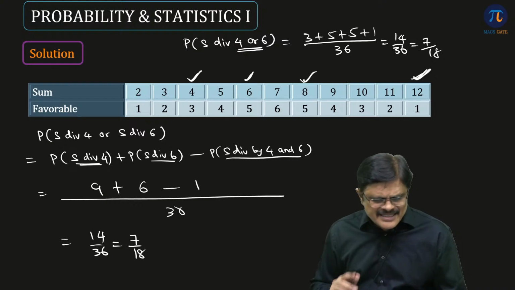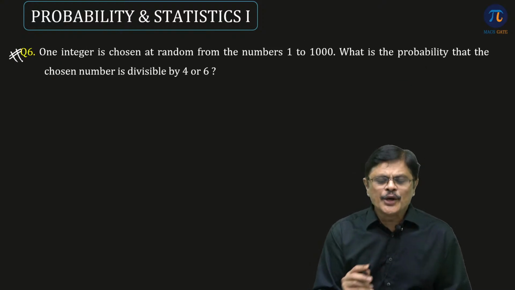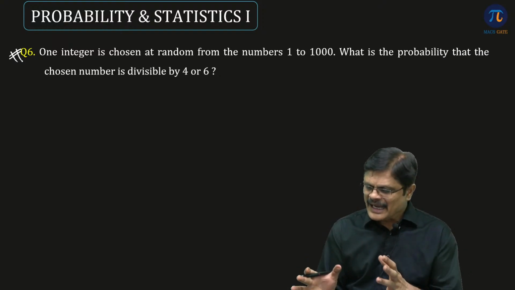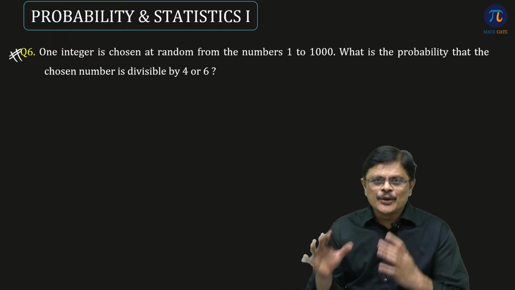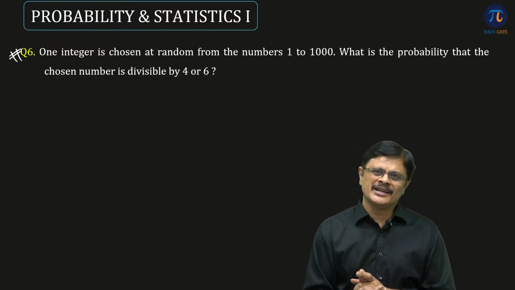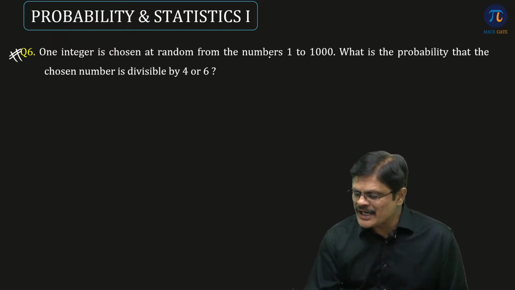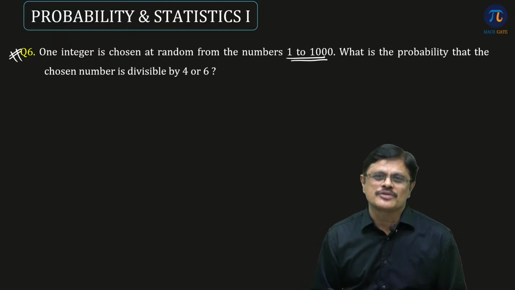But if I ask a similar type of question like this, look at this, sir. Can you do it by the shortcut? Please let me know. If you can do it by shortcut, wonderful, sir. One integer is chosen at random from numbers 1 to 1000.